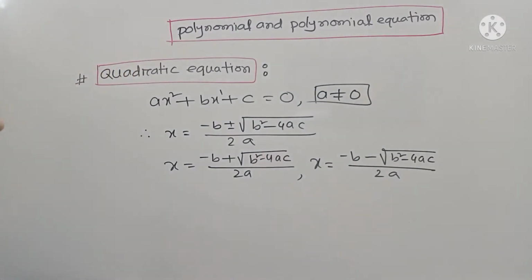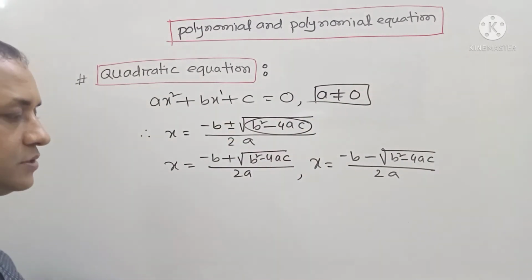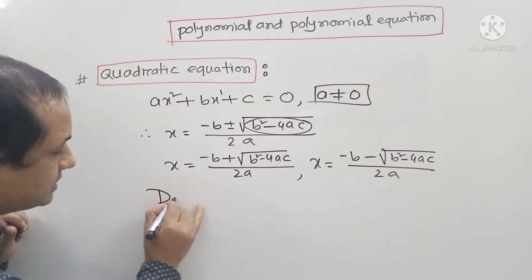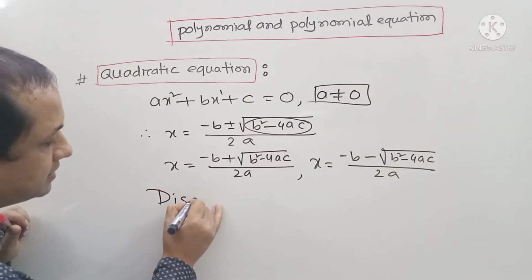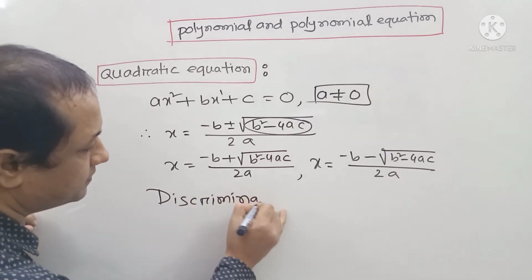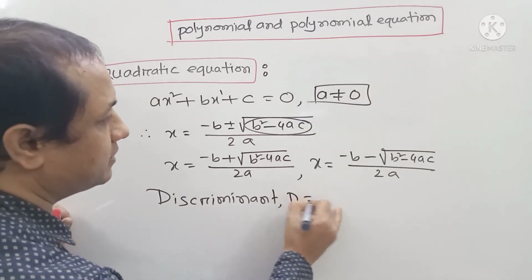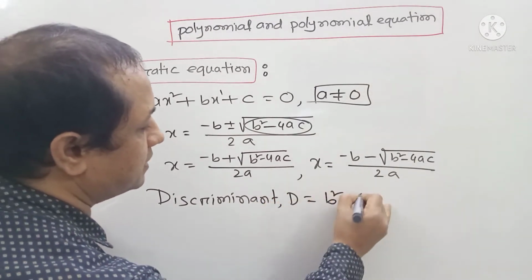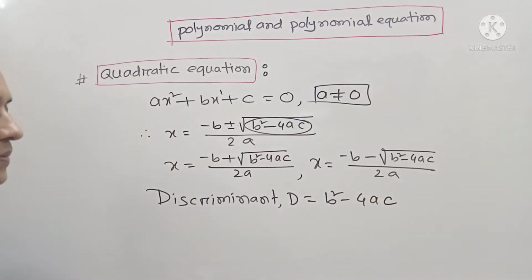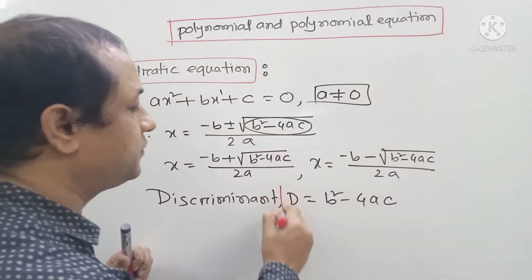Now here the expression inside the bracket is called the discriminant. So student, attention please and memorize it. Discriminant is denoted by d equals b square minus 4ac.